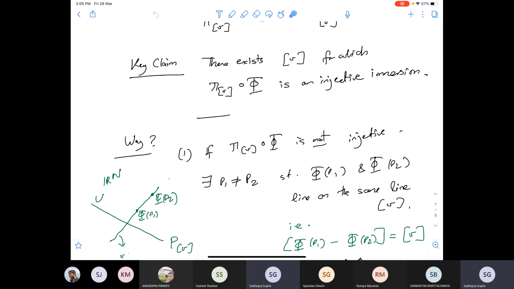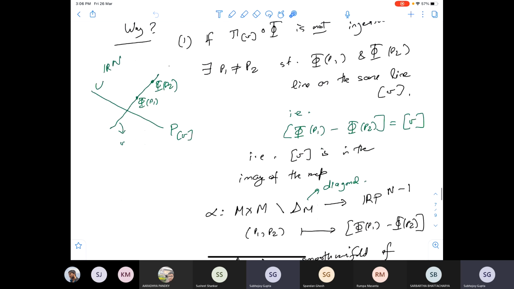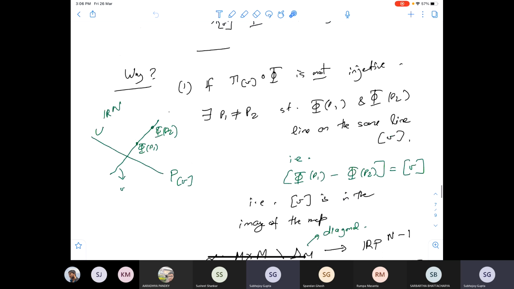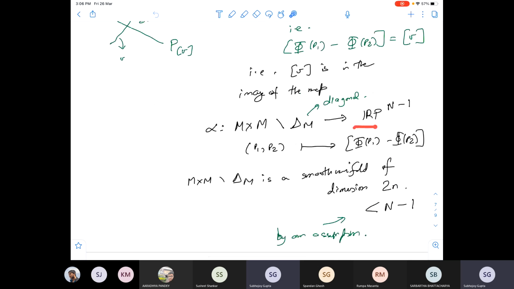Now we also need to make sure that this composition is also an immersion, right? So how does that work? Well, first of all, notice that we didn't just find one v. Most v's in this space work because the image of this map has measure 0, by Sard's theorem.